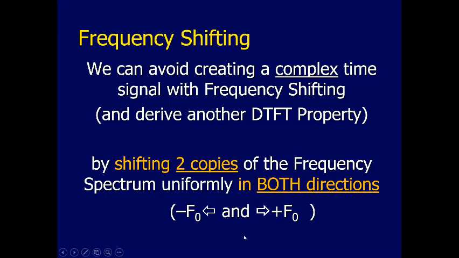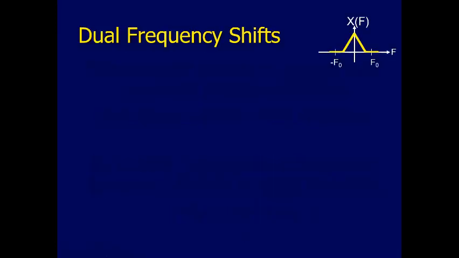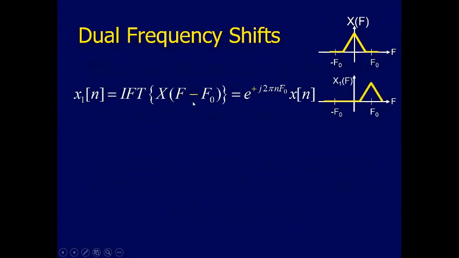So we're applying two different frequency shifts simultaneously. So take some discrete time Fourier transform, which has all the right symmetry for a real valued time function, shift it to the right by f0, which means this time function now is multiplied by e to the plus j 2 pi n f0.